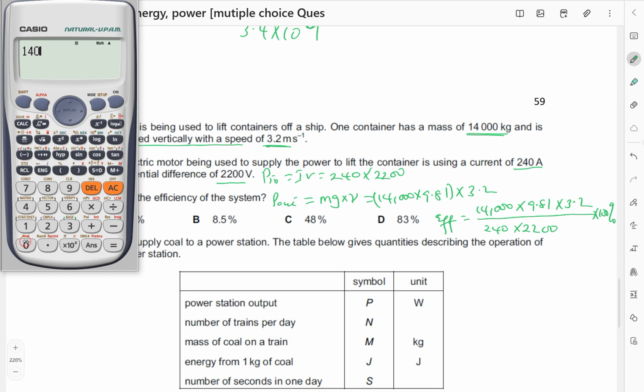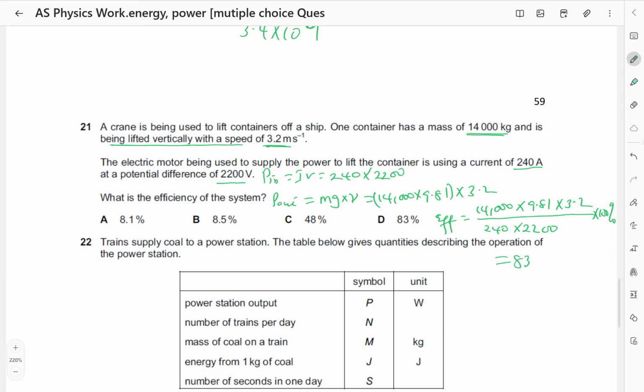So this is 14,000 times 9.81 times 3.2, times 100, divided by 240 times 2200, which gives us 83%. So this is 83%. Therefore, my answer is going to be D.